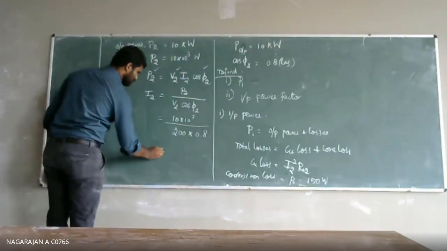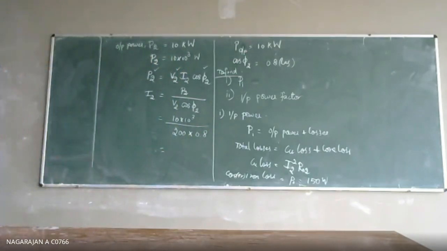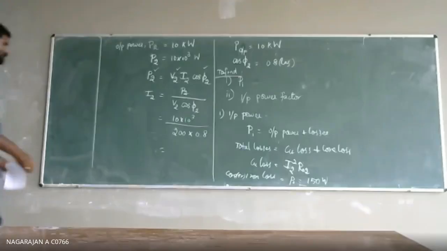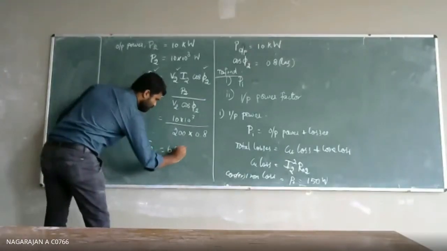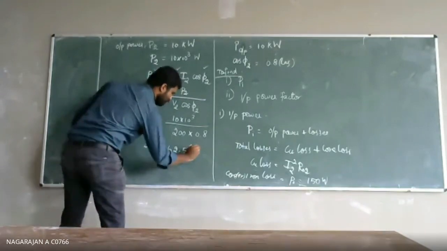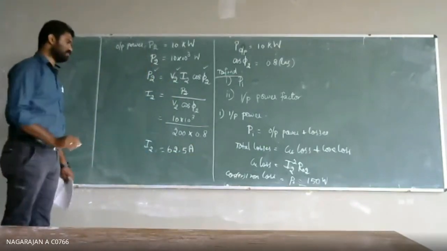What is the answer? 62.5, sir. 62.5. So I2 value is 62.5 amperes. Don't forget to put the unit.